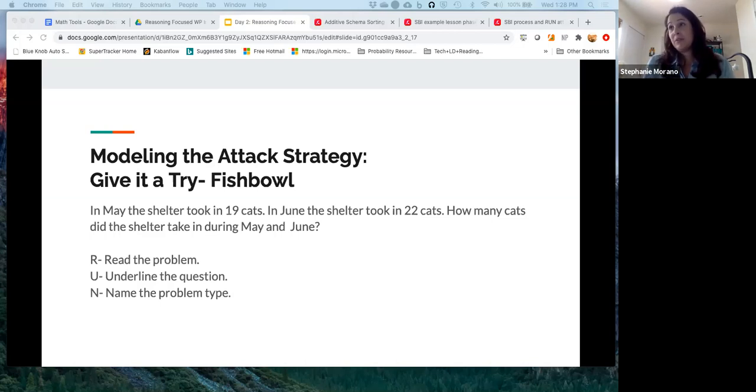They could still be using this attack strategy in middle school. There's no reason that this would have to change because it's so general and so simple. And if students are learning it in 1st or 2nd grade, they can carry that with them and you're not reteaching or relearning something new, reinventing the wheel every year. Students learn this and then they take it with them. So that's a really great point.